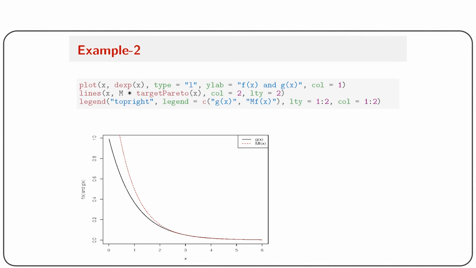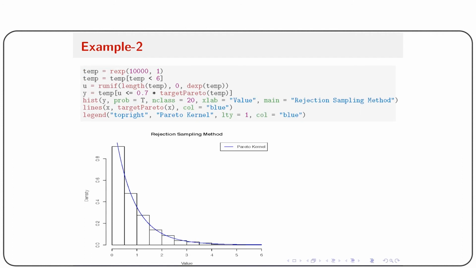The dotted line indicates m f(x). So now we can assign temp equals rexp(10001) and temp equals temp less than 6. We'll take all the temp values, I mean the exponential variates, from 0 to 6. So we are restricting up to 6.